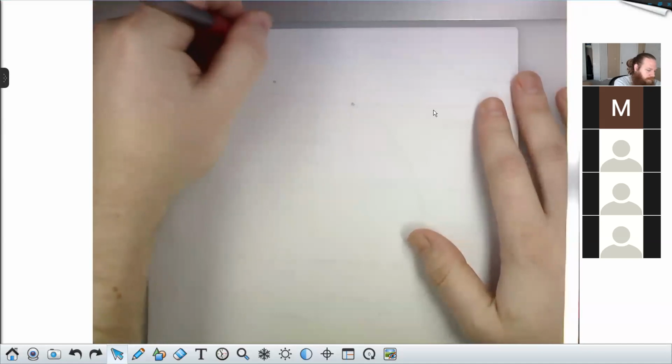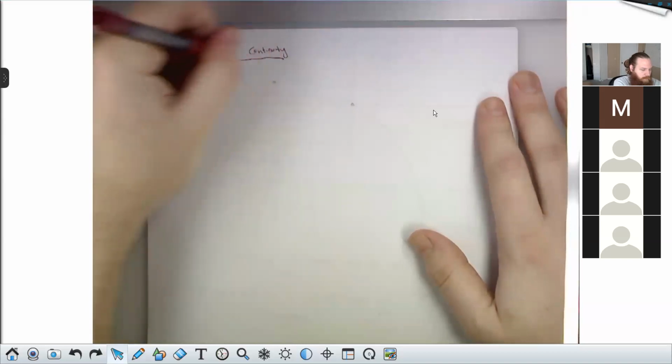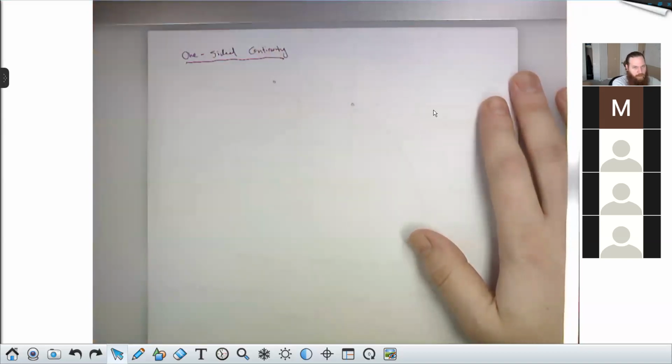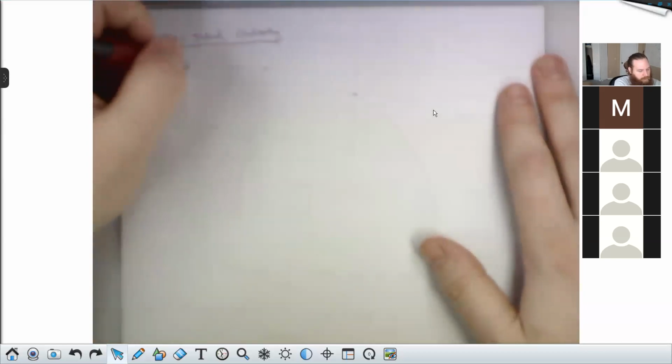One-sided continuity. This is something that I will not harp on a lot, but there's one homework problem I gave you where I want you to think about this stuff.